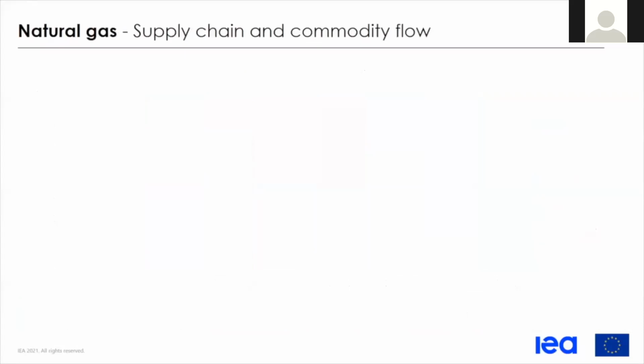So our methodology to collect the data with the IEA tries to cover all stages of the supply side. So firstly, we focus on the production of natural gas. Again, we talked about this in a few slides, but we focus on the domestic and marketable production here and gas received from other sources.